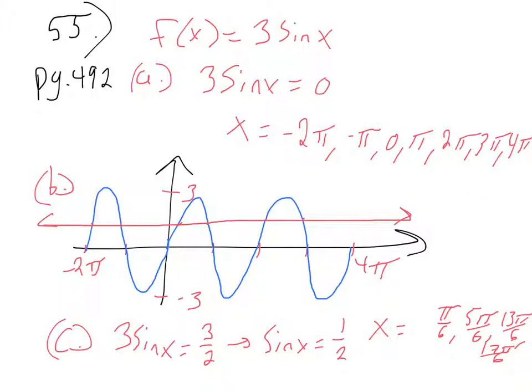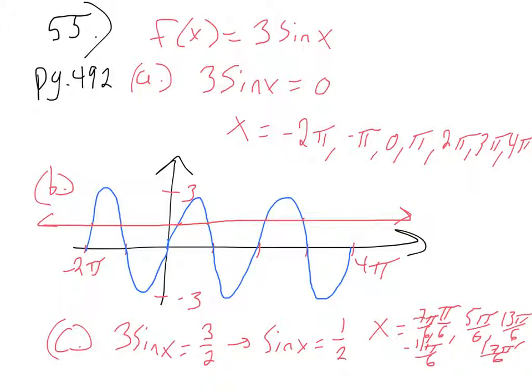And then going into the negative here, we're going to be looking at negative 7 pi over 6, as well as negative 11 pi over 6.